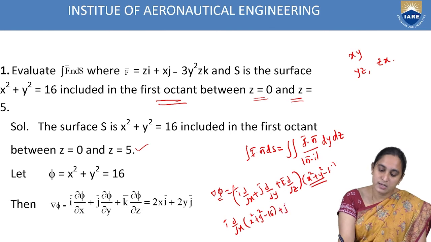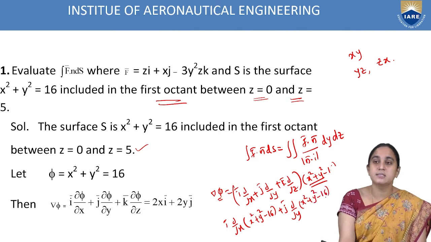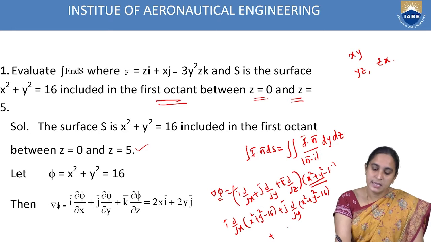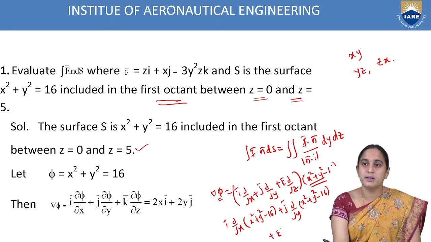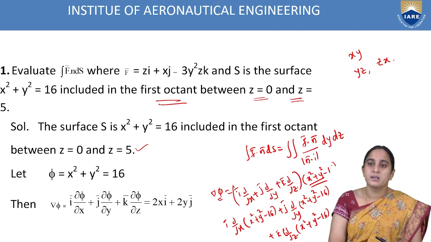Plus j bar into dou by dou y of x square plus y square minus 16, plus k bar into dou by dou z of x square plus y square minus 16.